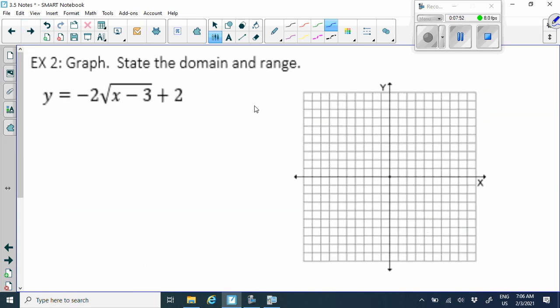Okay, let's try this. Now we do have our h and k, and we have a square root this time. So remember when we are doing this, we do need to make sure that we graph y equals -2 square root of x first. So it's what we call the parent function of our function.